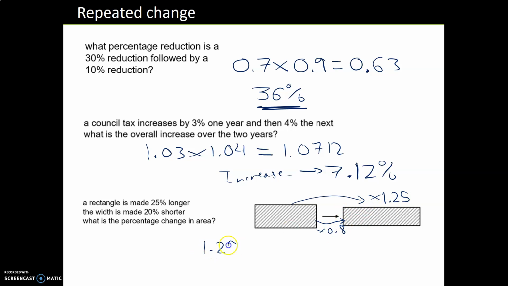So I'm going to have to do 1.25 times 0.8. Sorry, I have my calculator at hand here. In fact, you could have done this as a fraction, because this is 5/4 times 4/5. This is equal to 1. And so you might say no change in area.